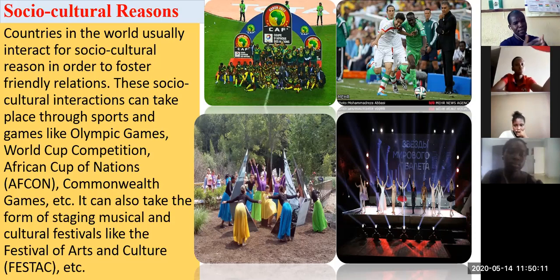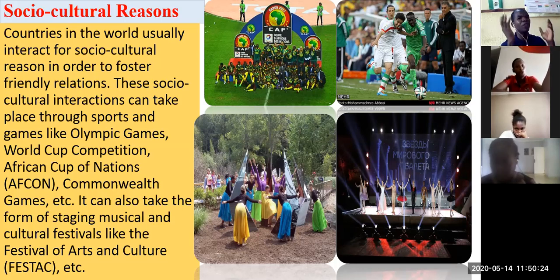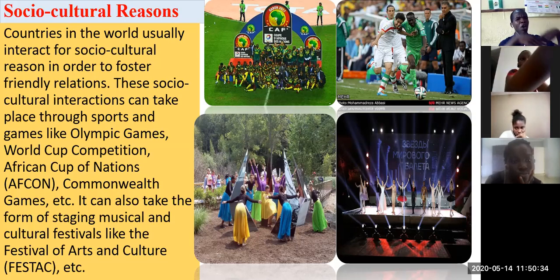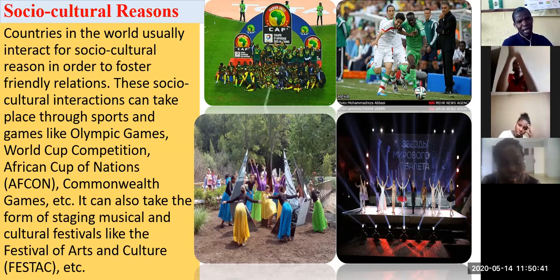In the course of this, people exchange pleasantries and form friendly relations. So countries in the world interact on the ground of socio-culture in order to ensure friendly relations. And how do they interact? They interact through organizing sport competitions or games like the Olympics, World Cup, African Cup of Nations, and also through festivals or musical concerts.